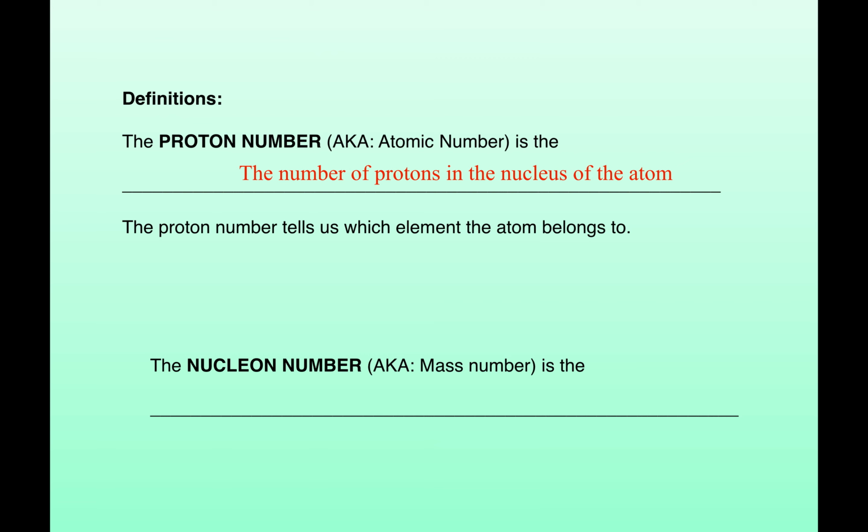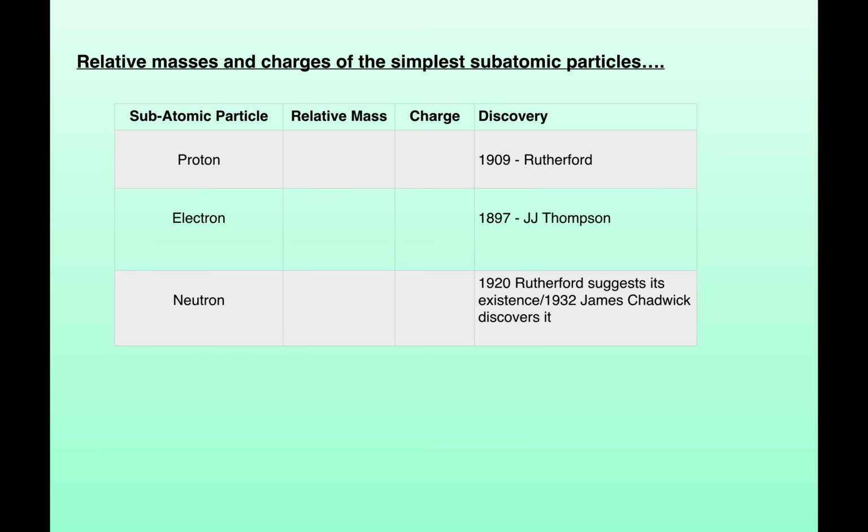So that's protons and neutrons. It's the number of the protons and the neutrons added together. If you look back at the previous atom, count the number of protons, you'll know which element it belongs to.